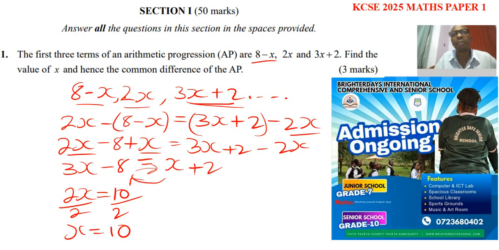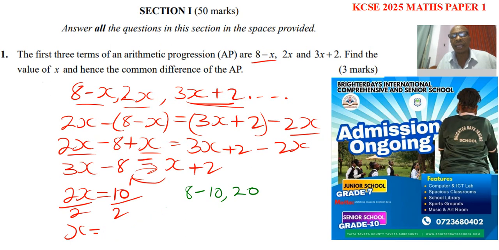Once you get x, there you get maybe 2 marks, because the total marks add up to 3. Then once you get x, you say 8 minus 10, comma, 2 times x, that will give us 20, and 3x, I think here we have made a mistake.